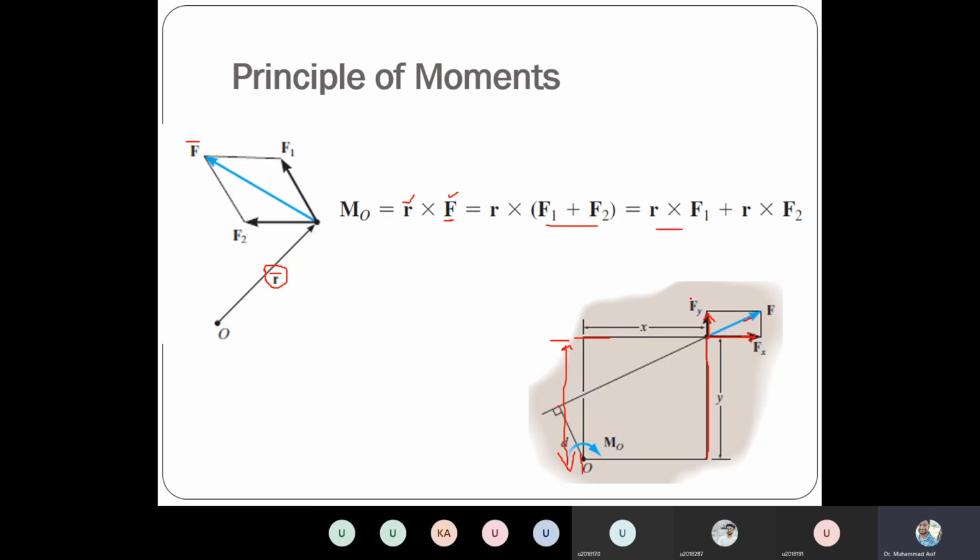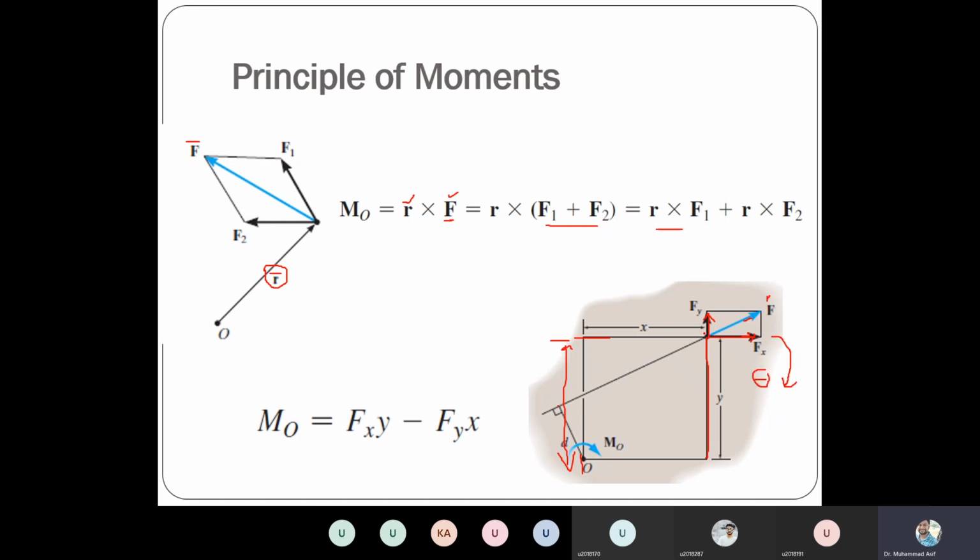So that's why the other convenient way is to split this force vector into two components, one along the x-axis and another along the y-axis. In this way, for each component, for example Fx, the arm for Fx is y, and the direction of rotation is clockwise. So the moment because of Fx will be clockwise, so that will be negative.